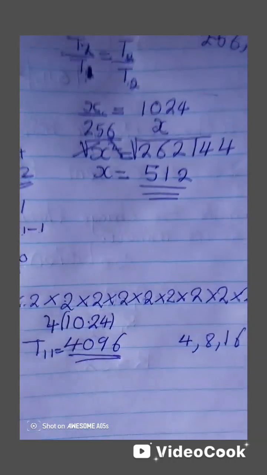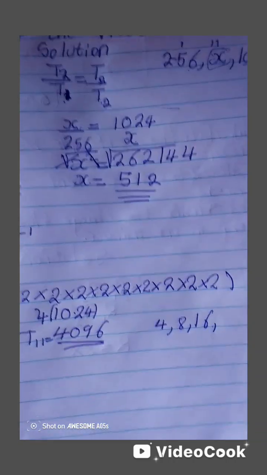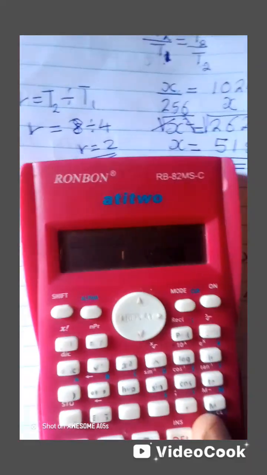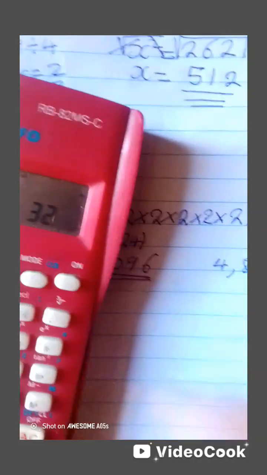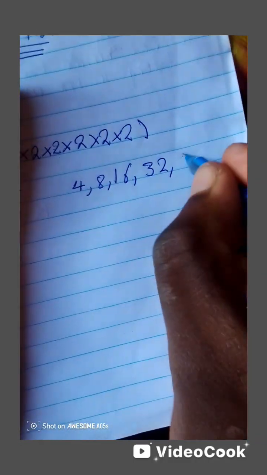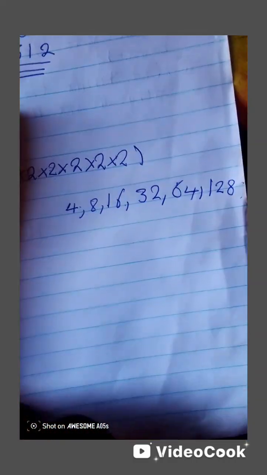So the fourth term will be 16 multiplied by the common ratio, which is 2, and gets 32. Again multiplied by 2, which is the fifth term, 64. Multiply again by 2, 128. Then again multiply by 2, which is 256.